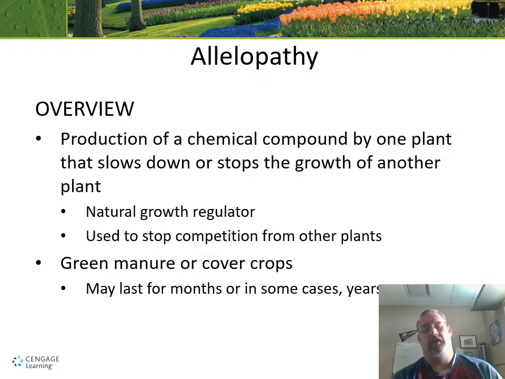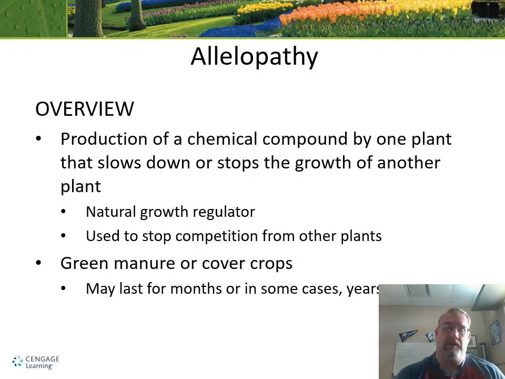Allelopathy is something utilized by certain plants to discourage growth around the base of it. Something very common is if you were to look at a eucalyptus tree, most eucalyptus trees excrete allelopathic chemicals around the base of the tree where the tree and the dirt surface meet.